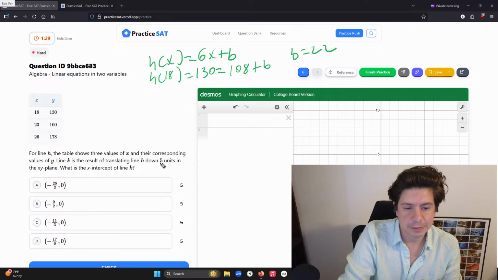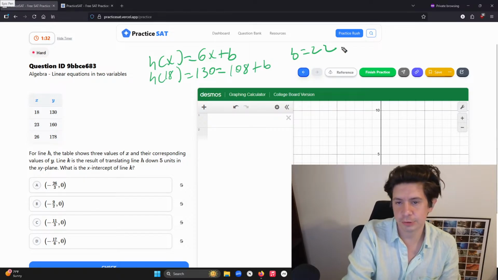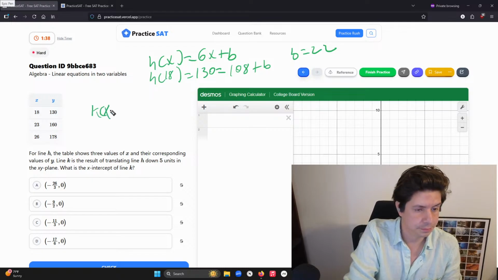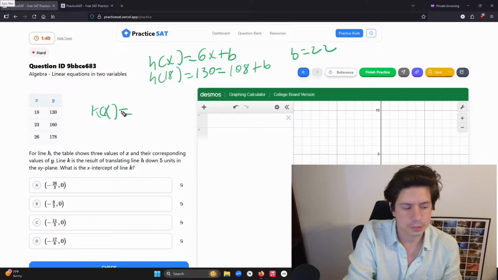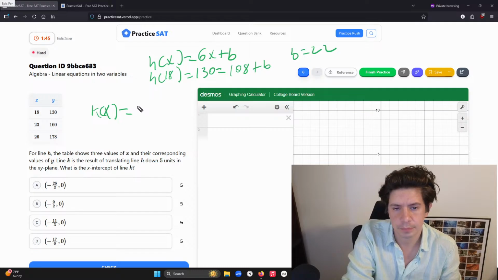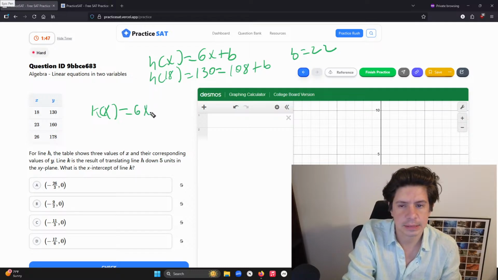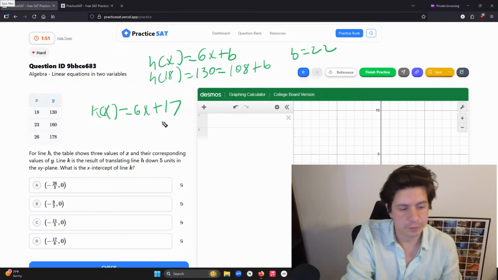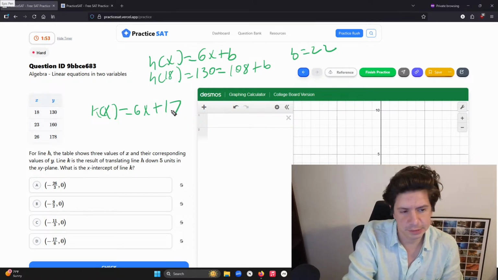Translating it down 5 units, so we'll shift it down 5 units. So k of x equals 6x plus 17. All right, if we're doing 6x plus 17, which of these is going to give us that?